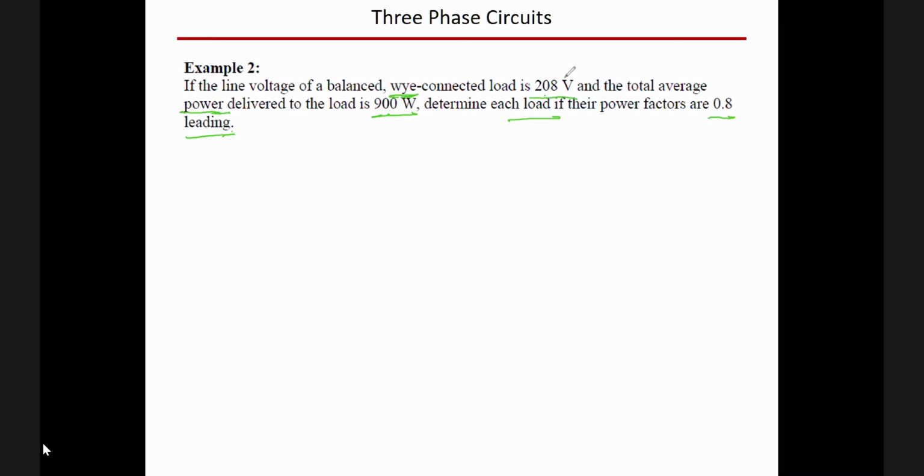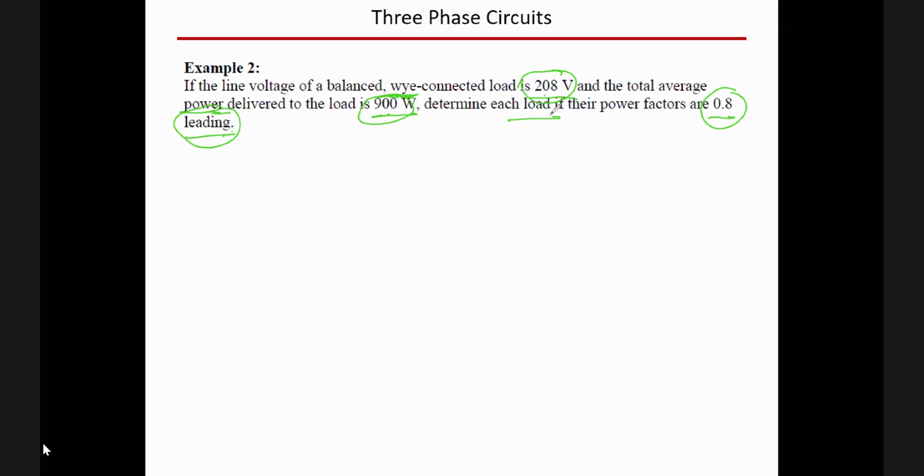We know the line voltage is 208. We know it's a Y connected load. We know that the total real power is 900 watt and the power factor is 0.8 leading. We need to find the load. When we say the load, what do we mean? Impedance, right? Yes.